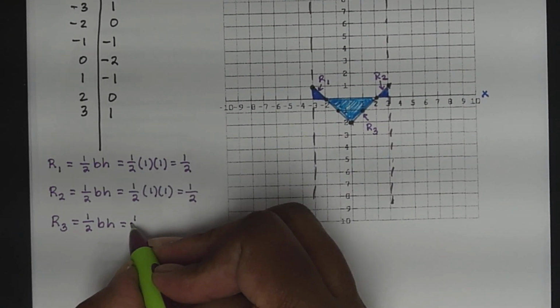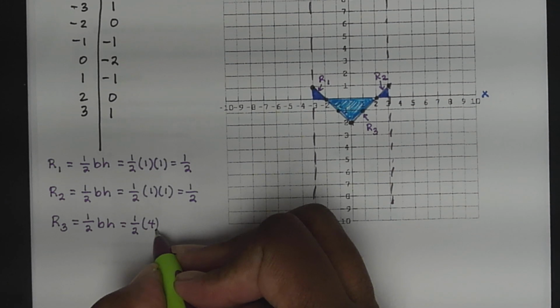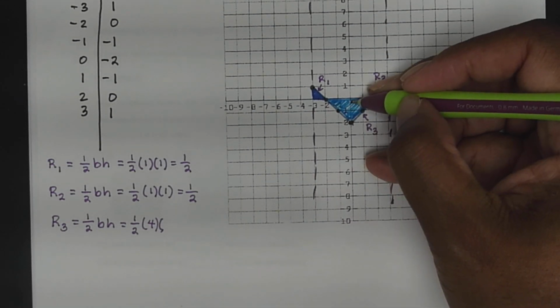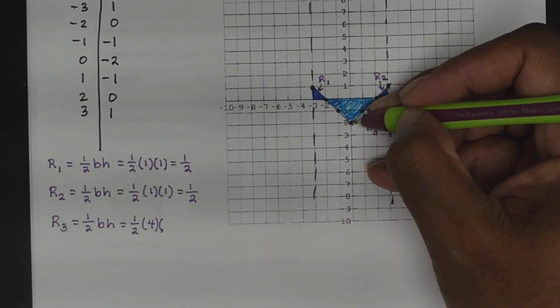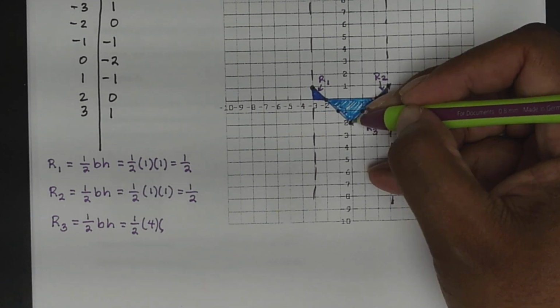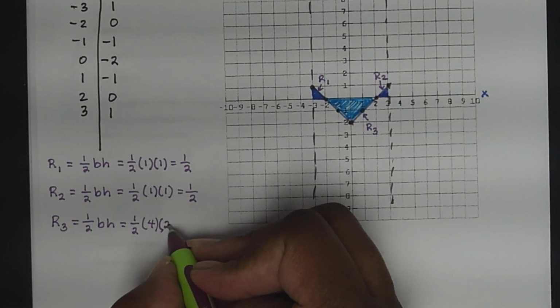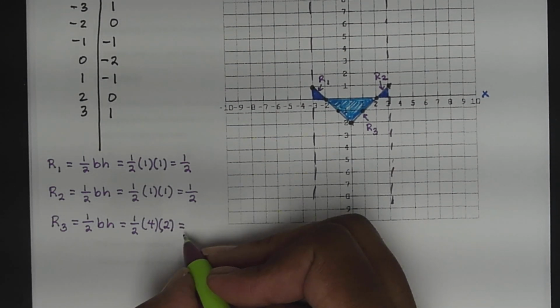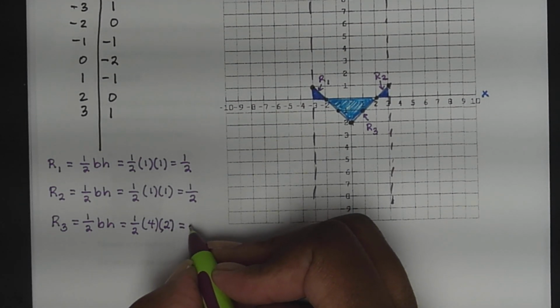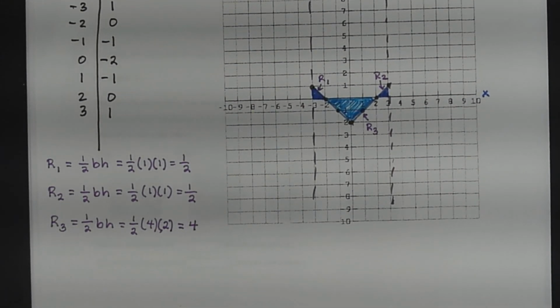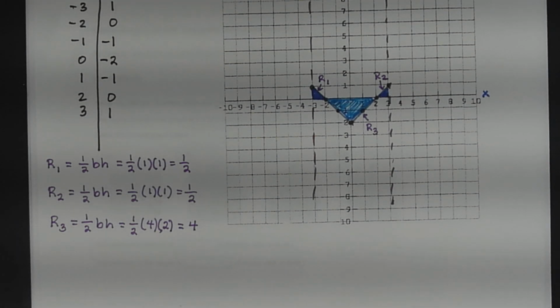That base is 4, so it'll be 1/2 of 4 times this height. This is from 0 up to -2. That distance from 0 to -2, that's going to be 1, 2. So 1/2 of 4 times 2, well, 1/2 of 4 is 2. 2 times 2 will be 4. So region 3 has an area of 4.